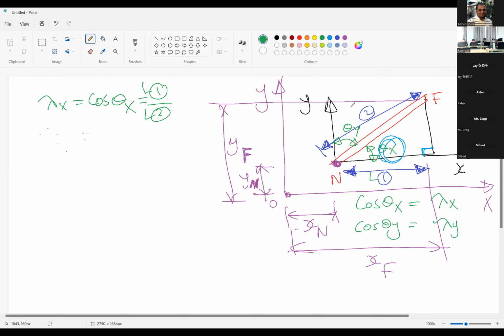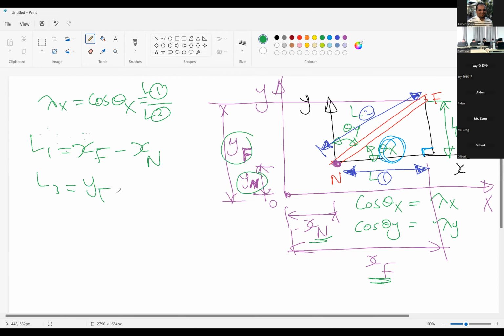L1 will be equal to, from the x coordinate, xf minus xn. We need another coordinate to help us, so we call it L3. L3 will be yf minus yn.